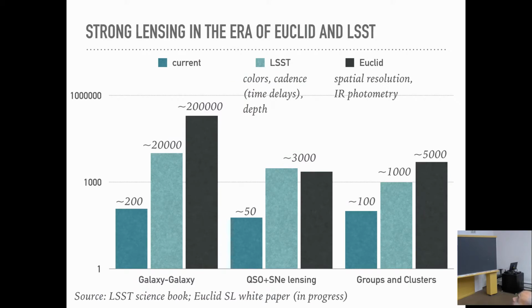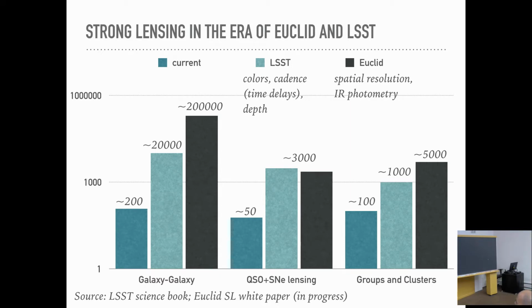And right now, we have basically just scratched the surface of what we can learn from strong lensing. Right now, what we can do with strong lensing is limited to a few hundred lenses, both on galaxy scales and on cluster scales.